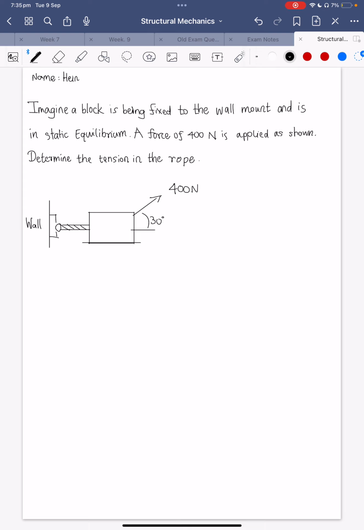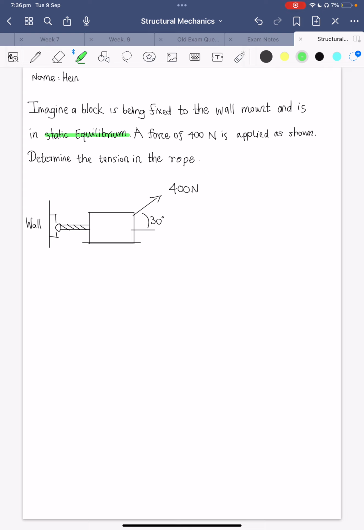So in this example, I'll read through the examples together with you and we'll solve the problem together. Imagine a block is being fixed to the wall mount and is in static equilibrium. So I have already given you that the block is in static equilibrium. A force of 400 Newton is applied as shown.